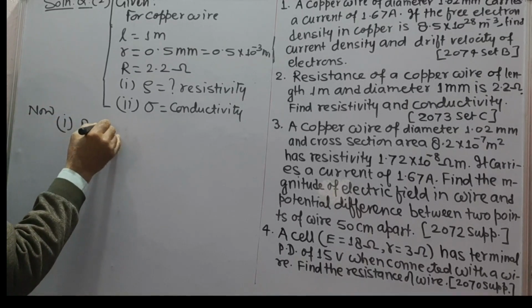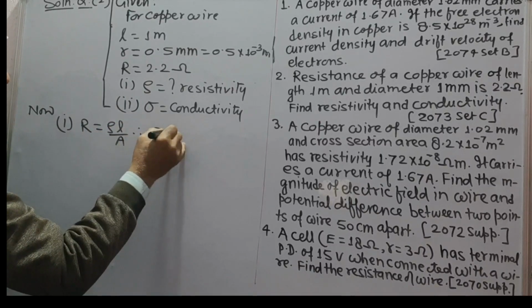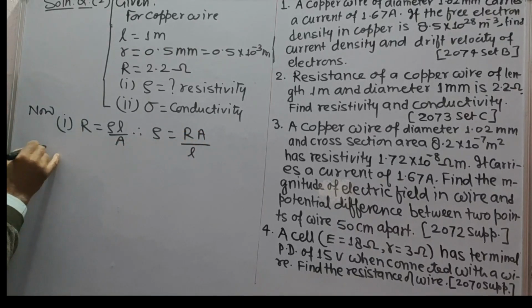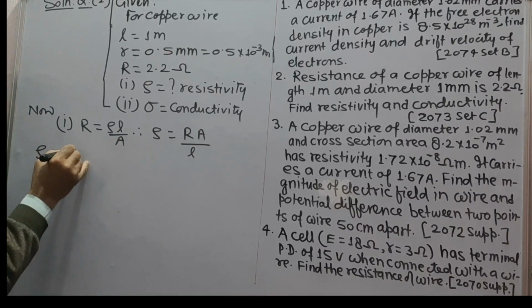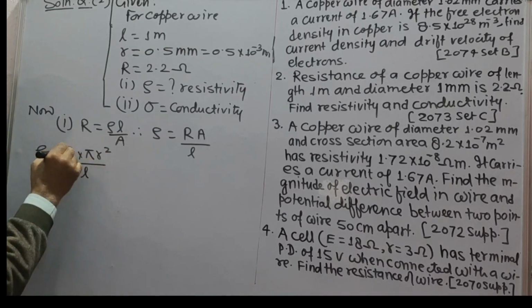R is equal to rho L upon A. Therefore, rho will be equal to R A upon L, which is R into pi r square upon L. Values are known.